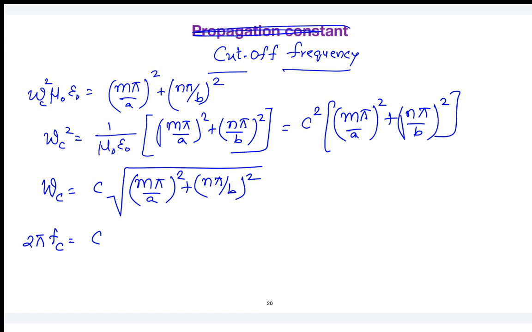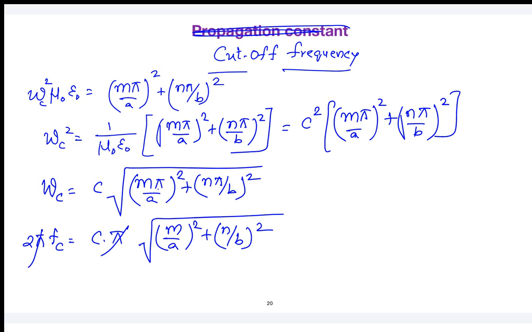So I can take pi square common from the square root, so it is going to become pi itself. Pi gets cancelled. So the equation for cutoff frequency, you are going to get it as c by 2 root over (m by a) whole square plus (n by b) whole square.